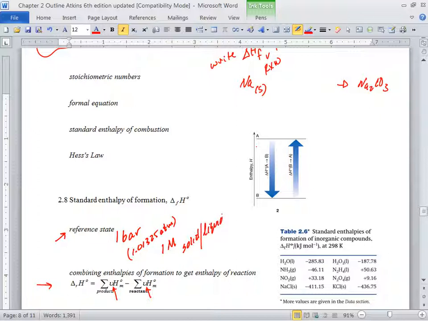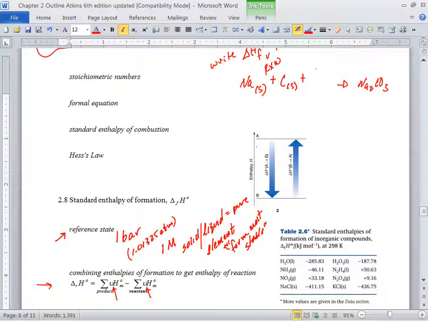These are the things that we should be thinking of when they start talking about these reference states and standard states. And if it's an element, it's the form that's most stable. That's kind of a weird way of defining it, I think. But once you do a bunch of these, you get used to it. So carbon is carbon solid.